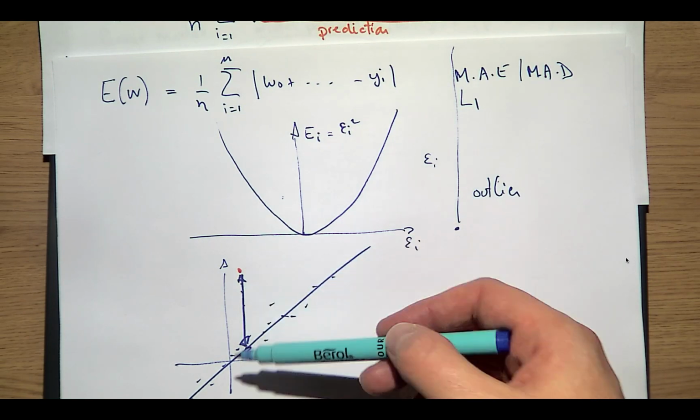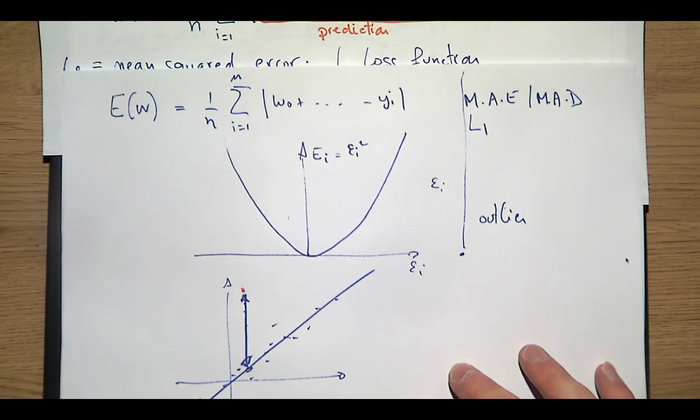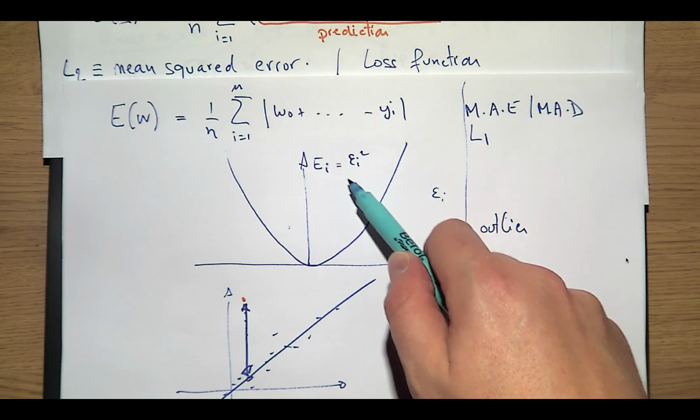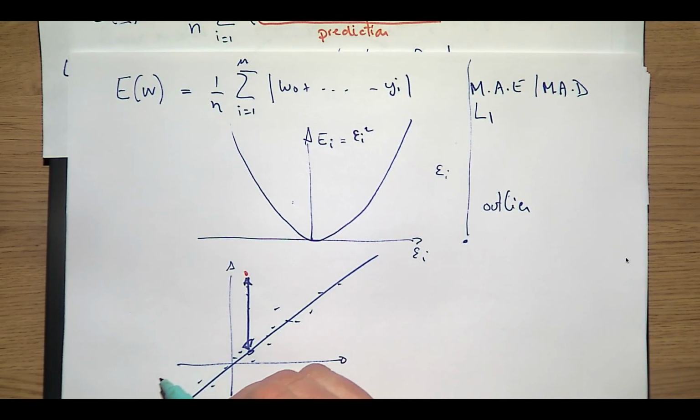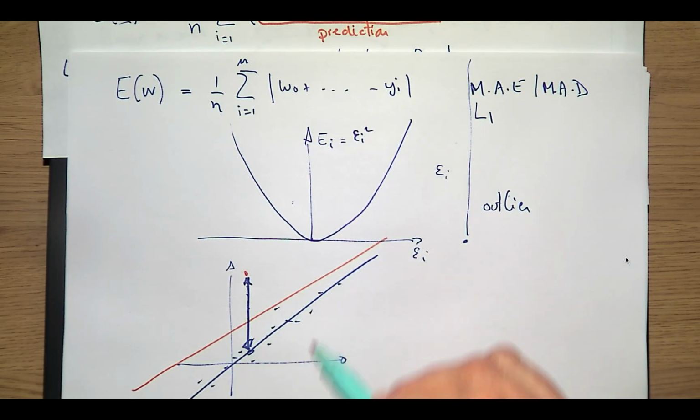This error could be arbitrarily large, and by squaring that term, the error becomes even worse. That's going to have a super large impact on your loss function. Because you're trying to minimize that, what you will estimate as a result will be more something like that.